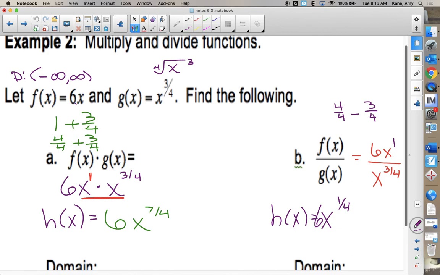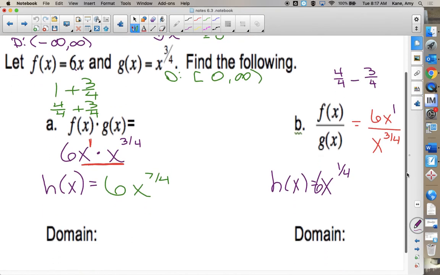When you have an even radical, you cannot take the square root or the 4th root of a negative number. So whatever is underneath here has to be greater than or equal to 0, because it's an even root. So that means the domain has to be 0 to infinity.